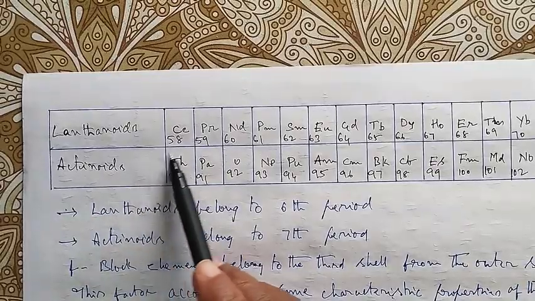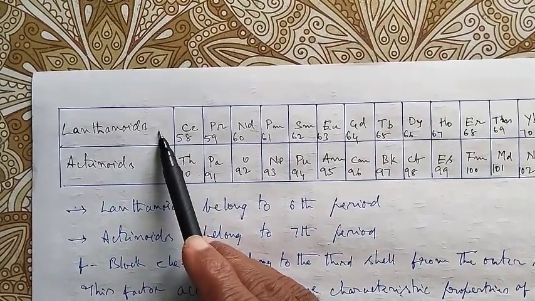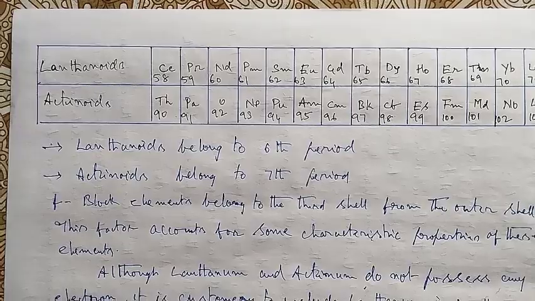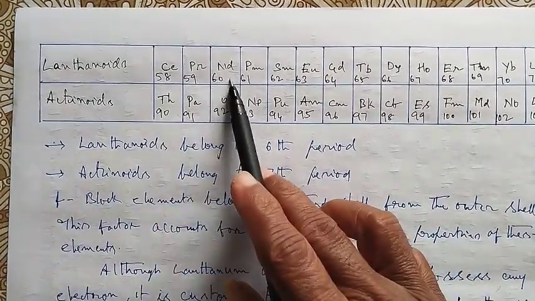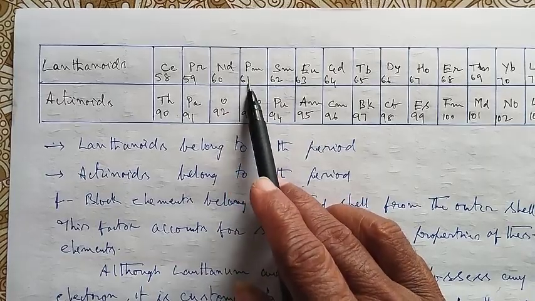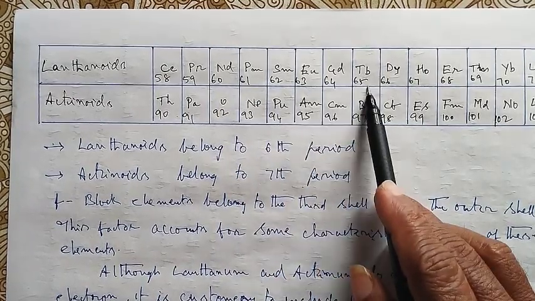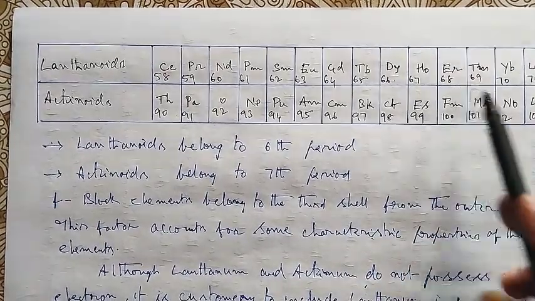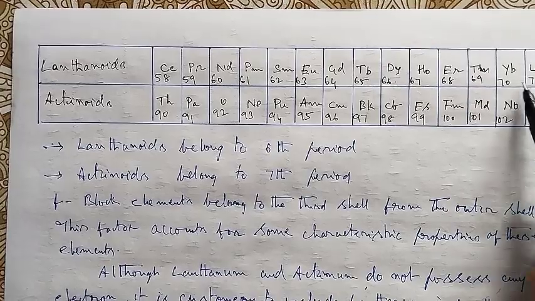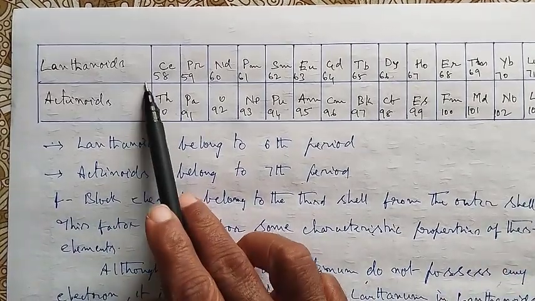So here lanthanides start from lanthanum, cerium. The lanthanoid series are lanthanum, cerium, praseodymium, neodymium, promethium, samarium, europium, gadolinium, terbium, dysprosium, holmium, erbium, thulium, ytterbium and lutetium.